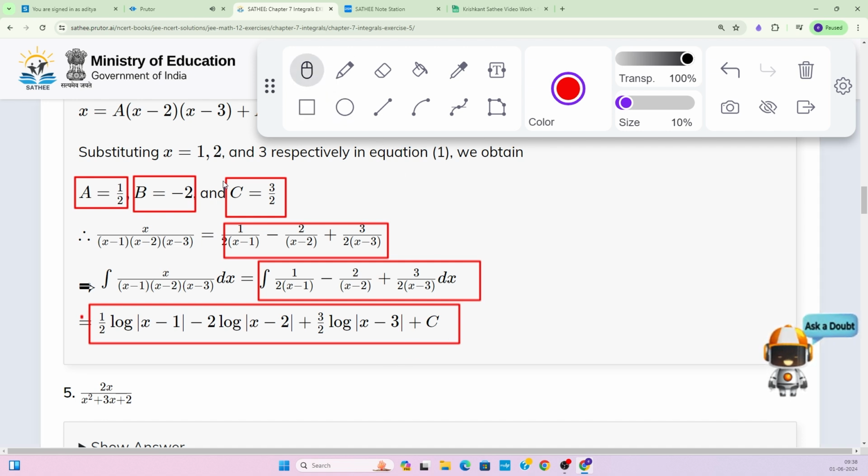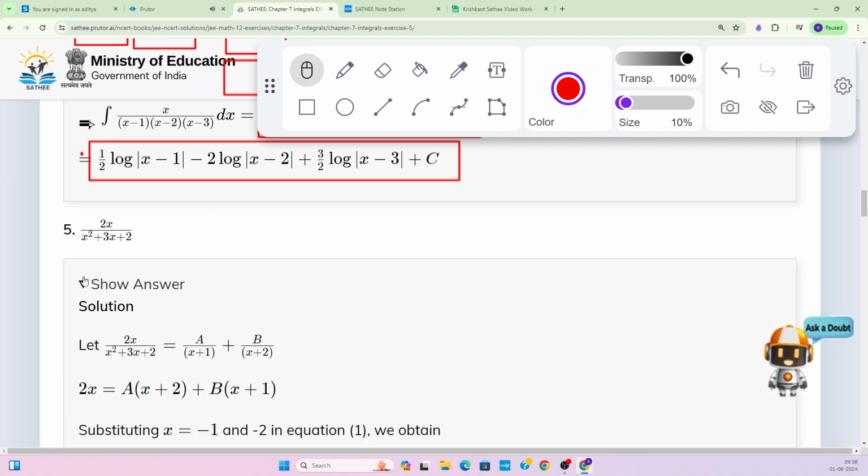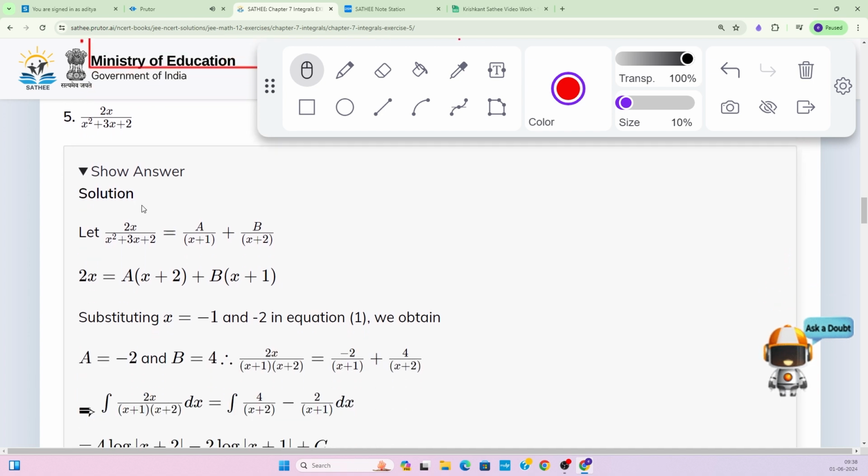Let us move to the fifth problem. The fifth problem says 2x divided by (x plus 1)(x plus 2). Now what you have to do is break it into two different fractions, partial fractions. You will have 2x is equal to a times (x plus 2) plus b times (x plus 1).